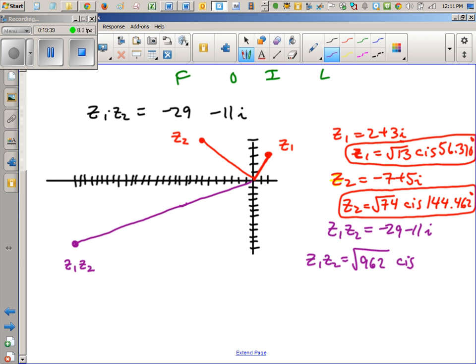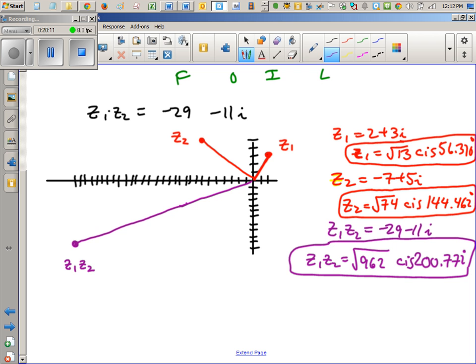Do I add 180? No, negative 11. What's the rule? When do you add the 180? When it's in quadrant 2 or 3. When A is negative, add the 180. A is negative. Doesn't matter what B over A is. The rule was A is negative. The angle here is, give me 15 more seconds, 200.772.